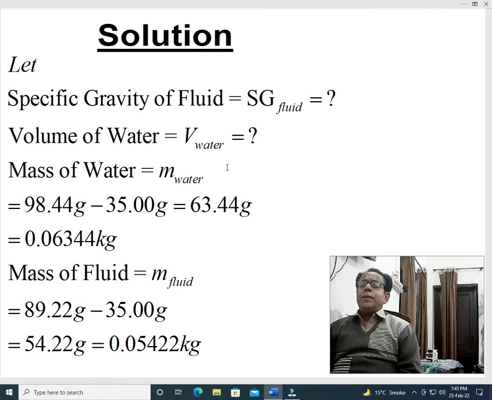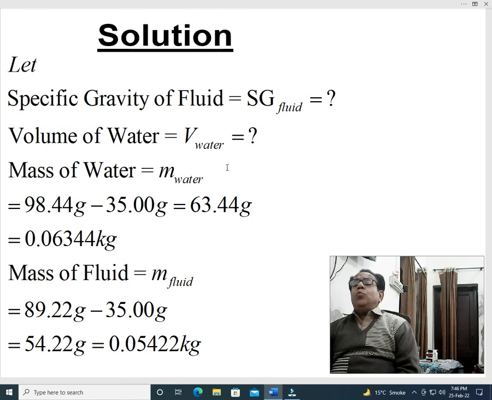What we have done? We have just converted gram into kilogram. Because, dear students, in a kilogram there are 1000 grams.